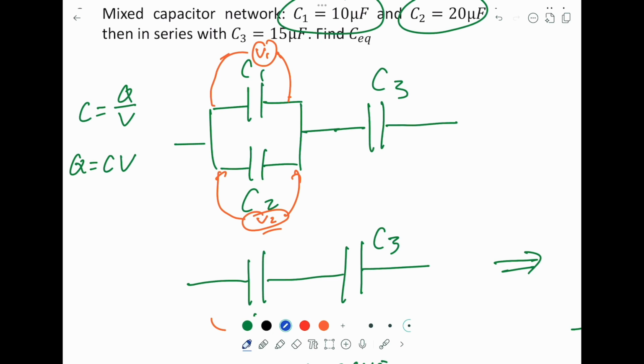Q1 equals C1V. How much charge across C2? Q2 is C2V. They have the same voltage, but because C1 and C2 are different, and C2 is 20, twice as much as C1, the charge across C2 is double the charge across C1.